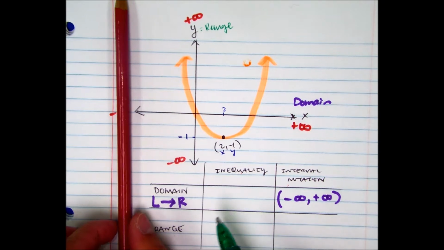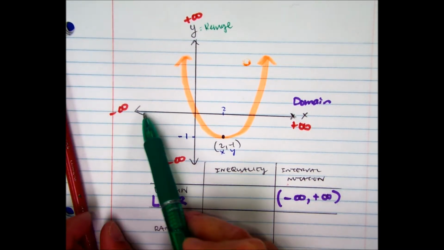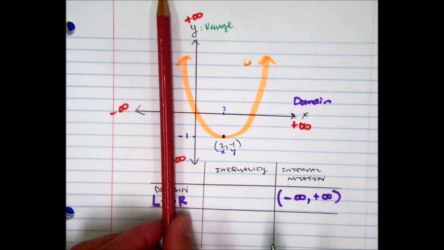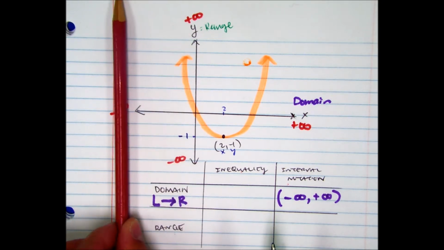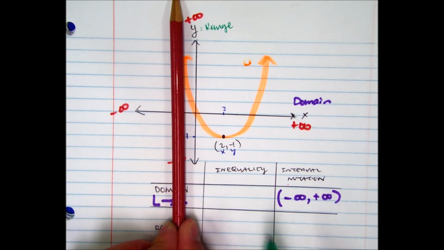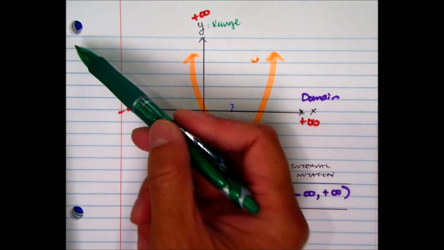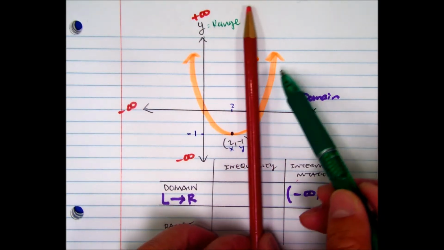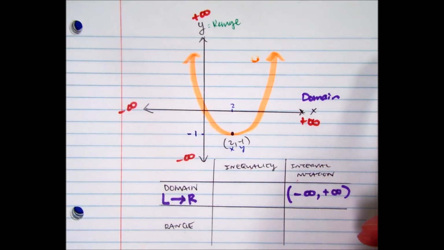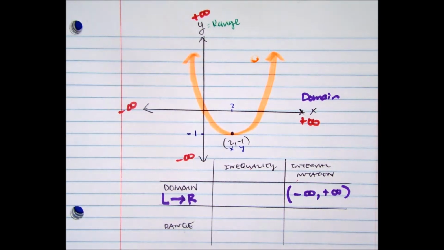For inequalities, I'm basically thinking about where on the x-axis can I touch, where is my orange graph going. Well, if you think about it, the arrow essentially means I can go anywhere in this direction. And I can also go anywhere in this direction. So I can basically pick any number or all numbers.